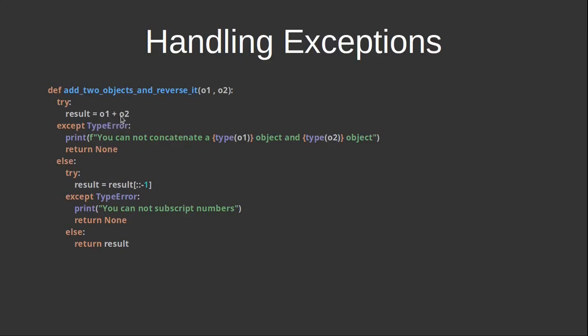But on the other hand, we cannot take a slicing of numbers, but all the others, strings, lists, and tuples, can be sliced. So that's why in the second try block, we will try to get a slicing of the result. And if it raises a type error, print you cannot subscript numbers, return none. If it does not raise a type error exception, return the result.